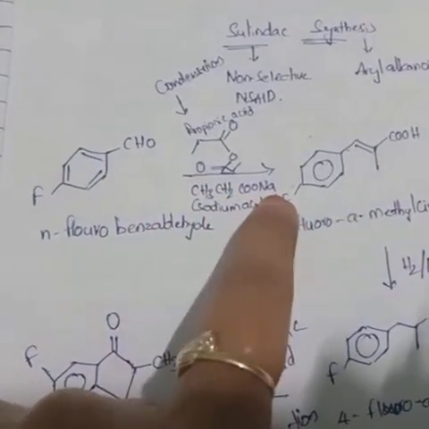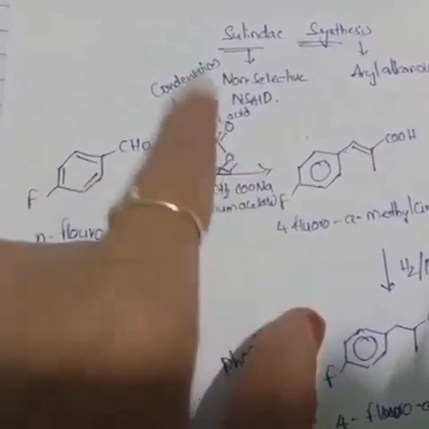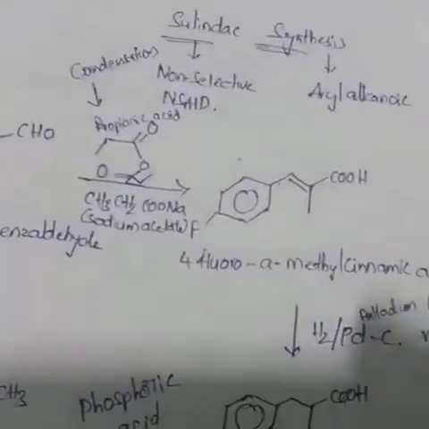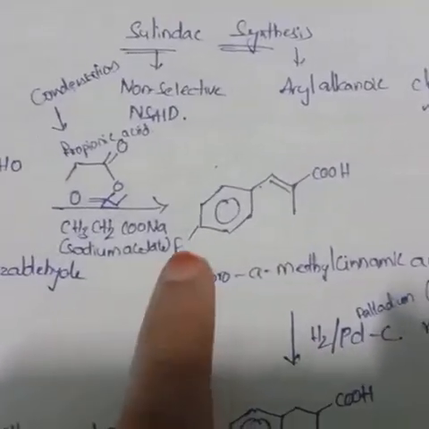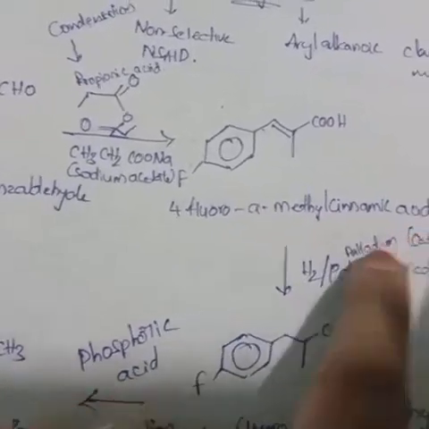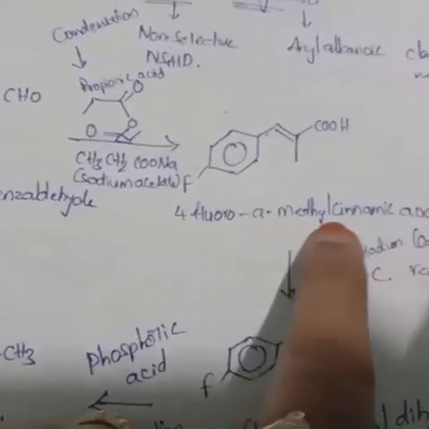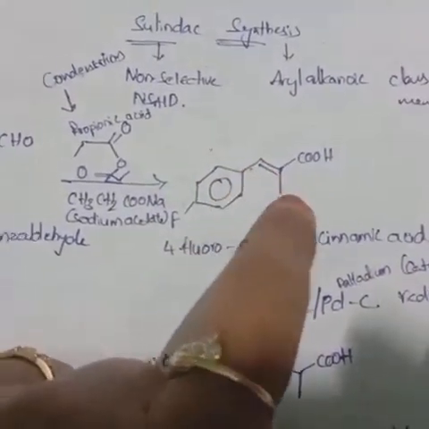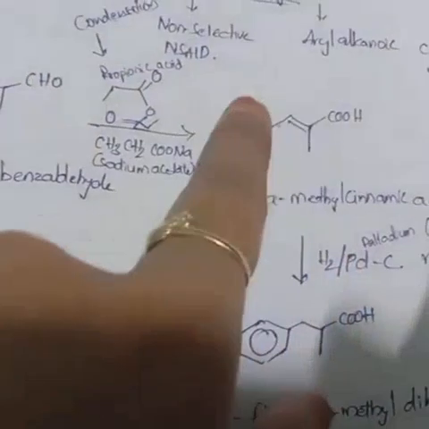In the presence of sodium acetate, it undergoes condensation to give this intermediate, that is nothing but 4-fluoro-alpha-methyl cinnamic acid. This is the intermediate formed.